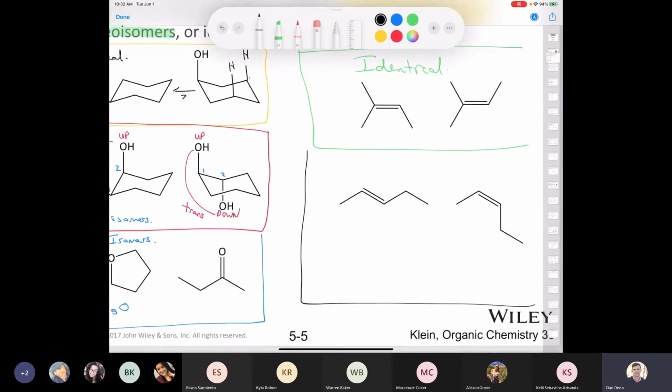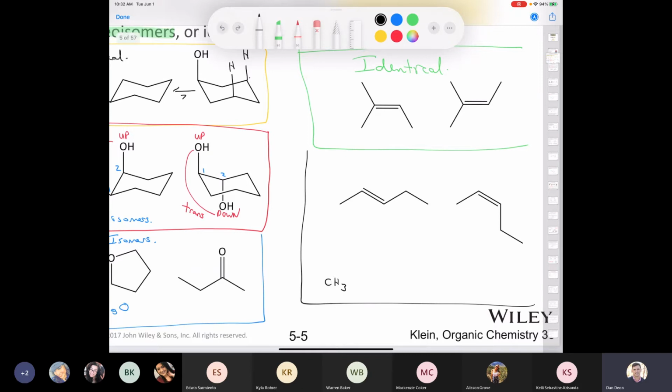Got a couple of alkenes here. What about the last ones? Yeah, they're not identical. So they both are CH3, right? I'm starting over here with both of them.